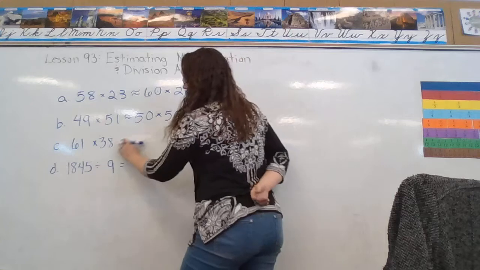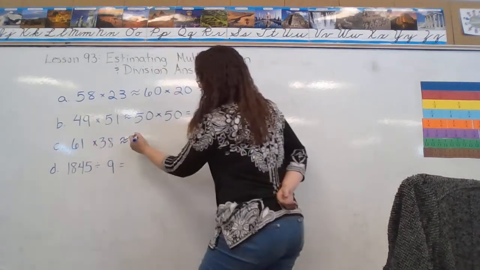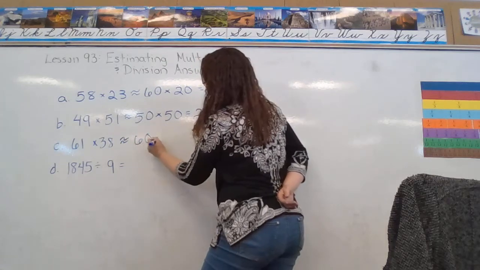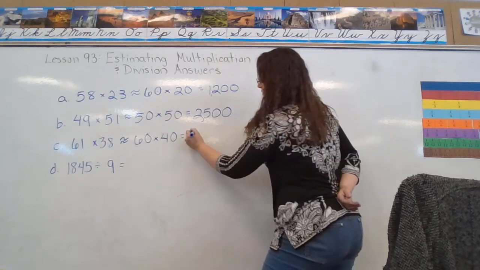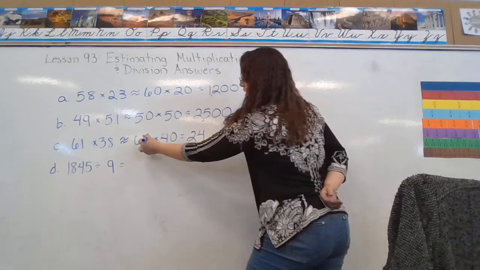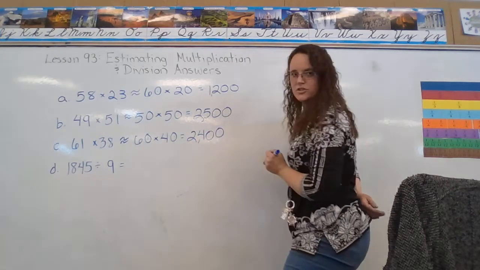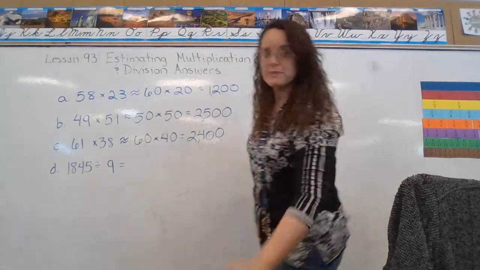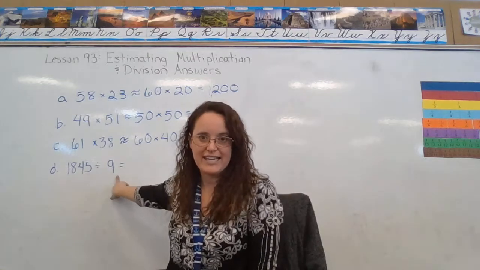Here, we're going to round first. 61 is going to round to 60. 38 will round up to 40. 6 times 4 is 24. 2 zeros, 2 zeros. 2,400.